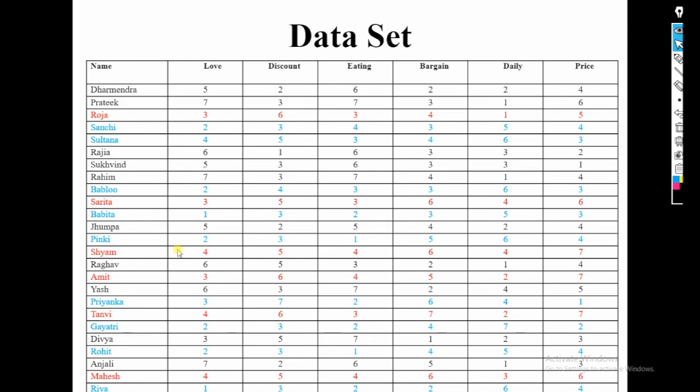They are enjoy loving buyers because of their similar ratings, but it is different from the others. I am comparing Roja with Dharmender's rating: 5, 3, 2, 6 versus completely opposite, 6, 3, 2, 4.